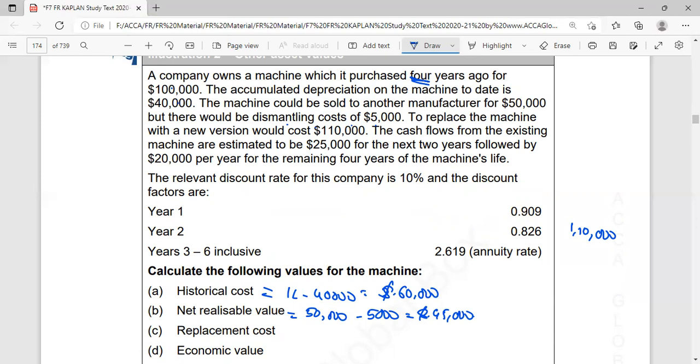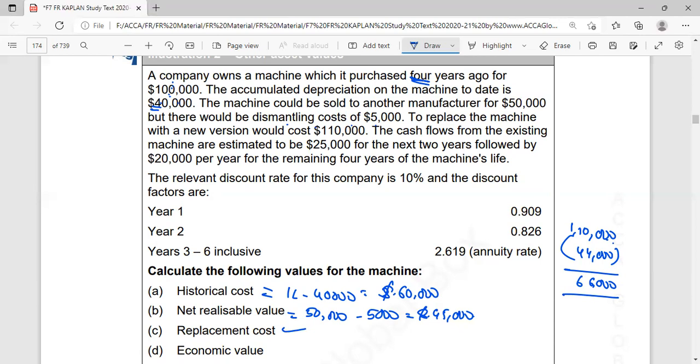The life of the asset is around 10 years, so we need to provide depreciation of 1,10,000 by 10 into 4, which is 44,000. Then the remaining amount is 66,000. This is said to be our replacement cost.